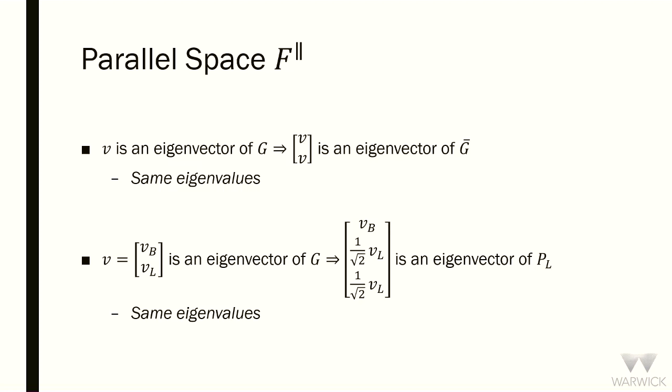Just like in the full lift, where V was an eigenvector of G and then VV is an eigenvector of the lift, here V is an eigenvector of G, and if you duplicate only the L part and assign the correct weights, you get an eigenvector of the partial lift with the same eigenvalue.